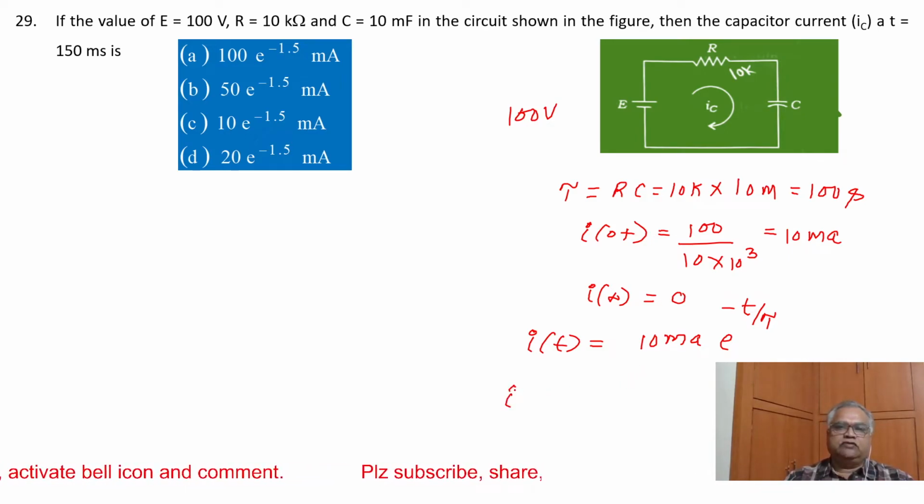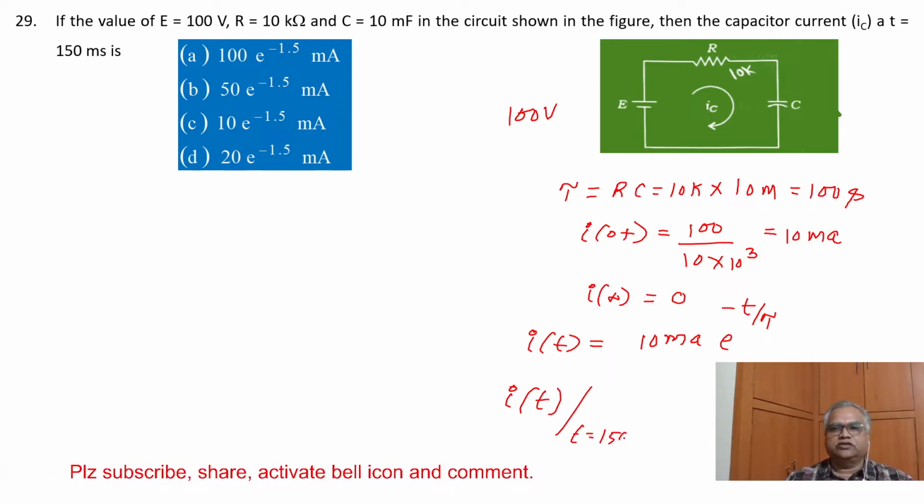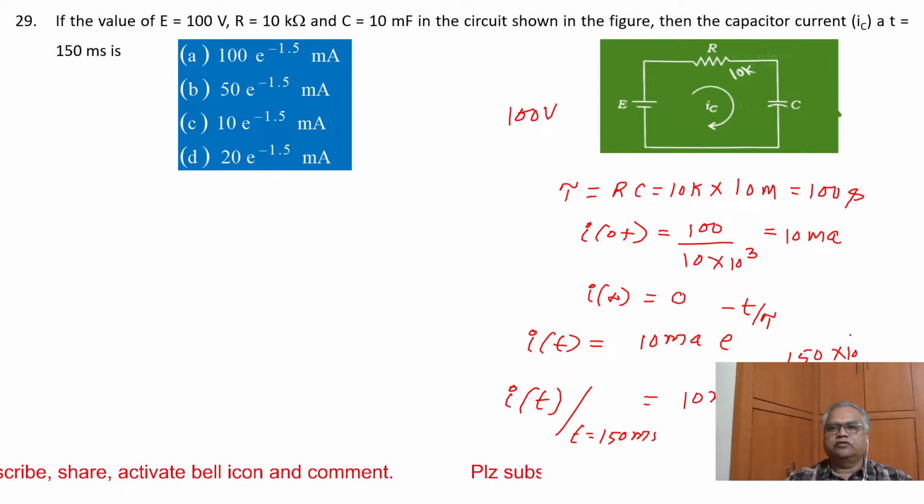But what is the question asking? I of t at t equal to 150 milliseconds. Therefore, 10 milliamps into e power minus t, where t is 150 milli, that is 10 power minus 3 by tau.